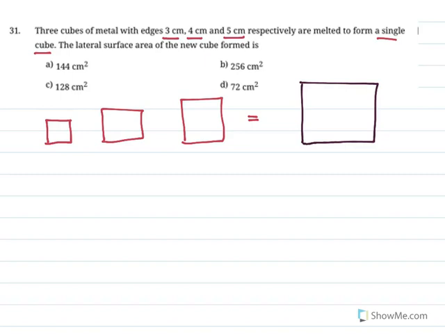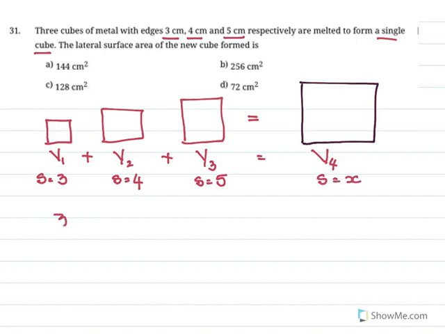So here we'll say volume 1 plus volume 2 plus volume 3 equal to volume 4. Now these are cubes. Here the side of this cube is 3, here the side is 4, here the side is 5, and this side we do not know, we will take it as x. So volume here 3 cube plus 4 cube plus 5 cube equal to x cube.